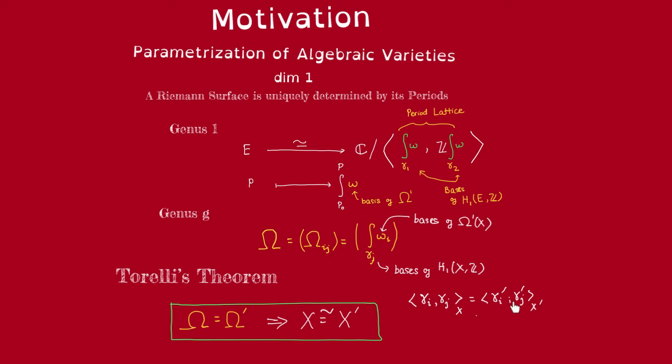Once we have chosen such a basis and formed period matrices, then if the period matrix of X is equal to the period matrix of X prime, X must be isomorphic to X prime. And that is how periods determine the isomorphism class of a Riemann surface. So that's for non-singular projective varieties of dimension 1. We will look at the case of non-singular projective varieties of higher dimension in the next video.